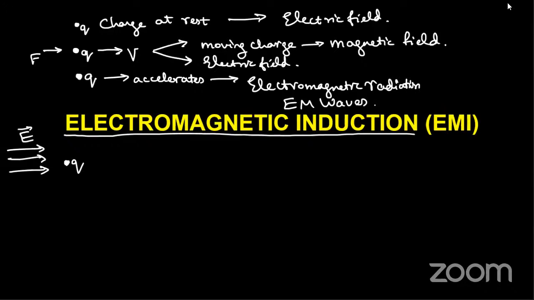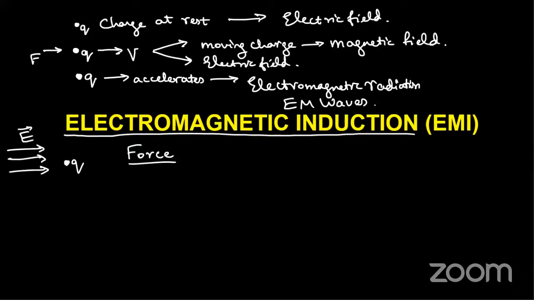Let's talk. We have a charge here, and this charge is under the influence of an electric field. What happens? Yes, this charge will experience some force, right? What is that force given by?